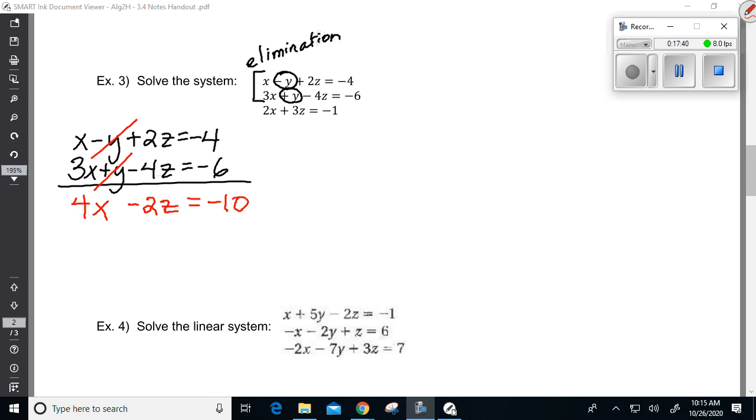So now we've got a new equation. 4x minus 2z equals negative 10. And you've got 2x plus 3z equals negative 1. Two x, thanks.